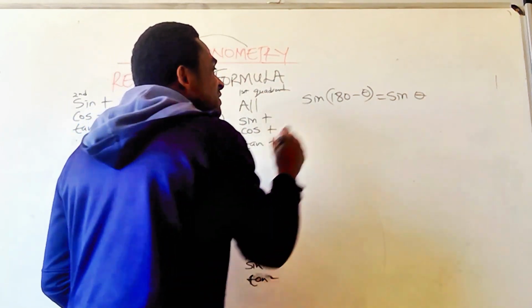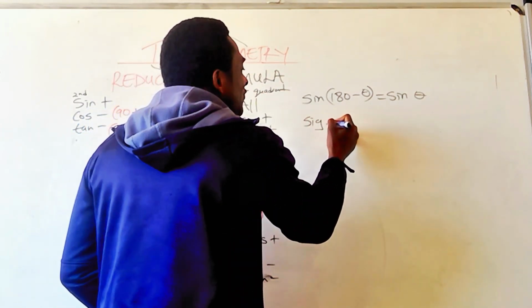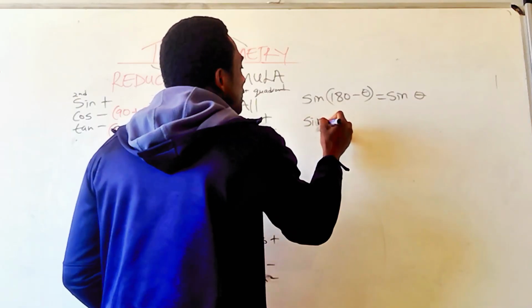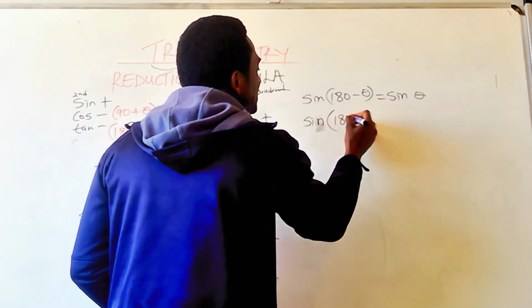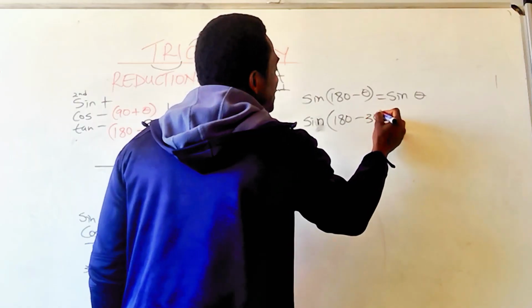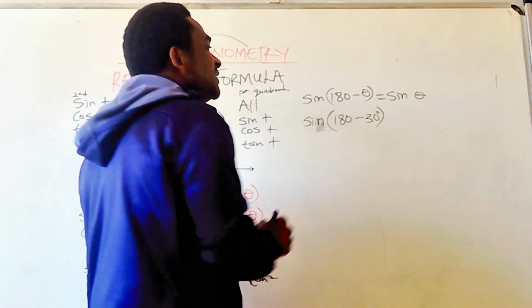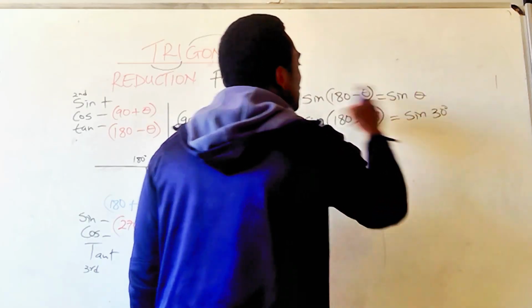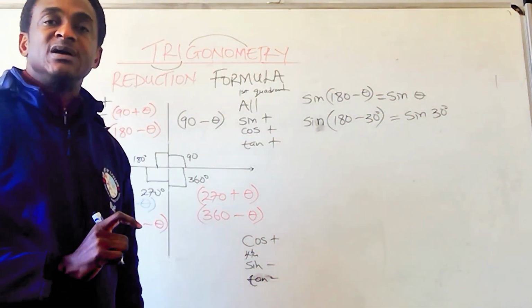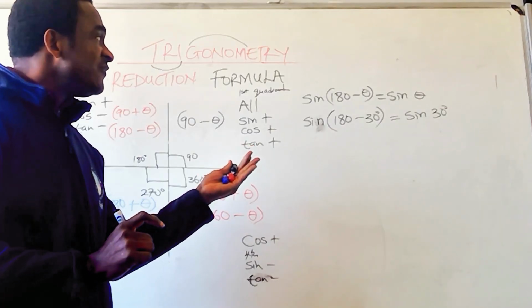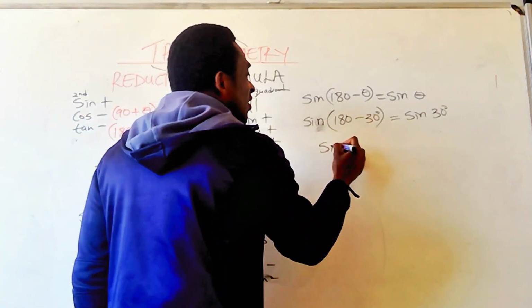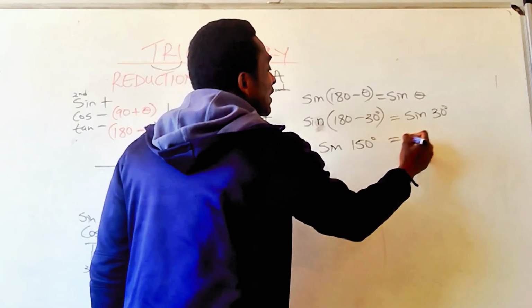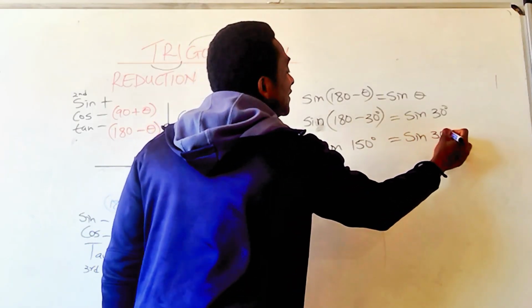If we want to check this to be sure, if we have sine of 180 minus 30 degrees, by the given formula this is sine of 30 degrees. We can verify if this is true. This is sine of 150 degrees, and we say that it is equivalent to sine of 30 degrees.